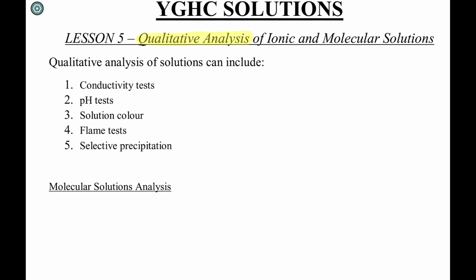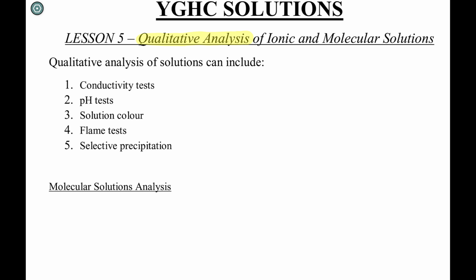So the opposite of qualitative analysis is quantitative analysis. A quantitative analysis would use number values, quantities. Qualitative doesn't use numbers. It uses usually visual things or simple tests. So it could be pH tests or a solution color, the color of a flame that's produced, or a precipitate that you can see.